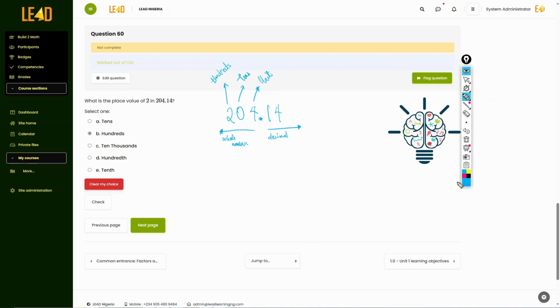So this is your tenth, and then the 4 is your hundredth, and then we have thousandths, ten thousandths, hundred thousandths, and so on to the right. All right, but the focus is on 2, which is clearly in the whole number section, so it's just hundreds.